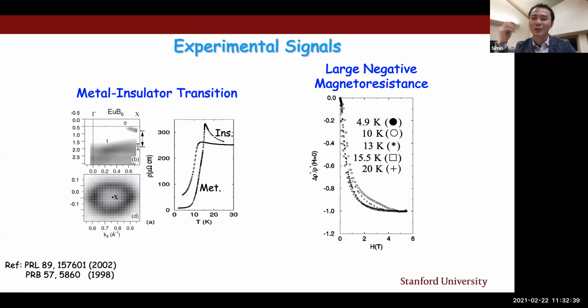That will increase the resistance. But for the Weyl semimetal, the resistance will decrease. This is why you have the negative magnetoresistance. So you will have a very unusual transport measurement.